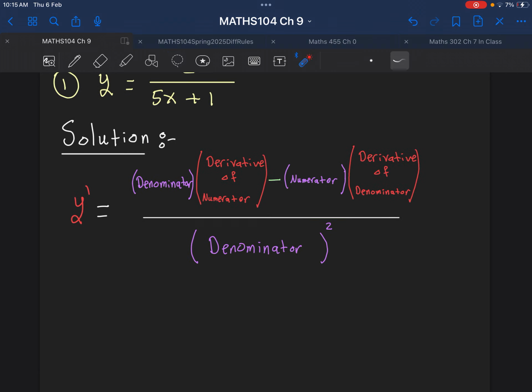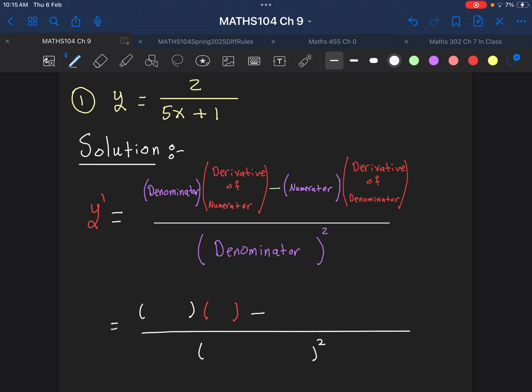Now, let's just write the bracket first so that we don't miss anything. Down here, I will write the denominator squared, and then I will write the denominator again times derivative of the numerator minus, remember it's a minus, and minus is very, very important, we don't forget it. I will write the numerator times derivative of the denominator.